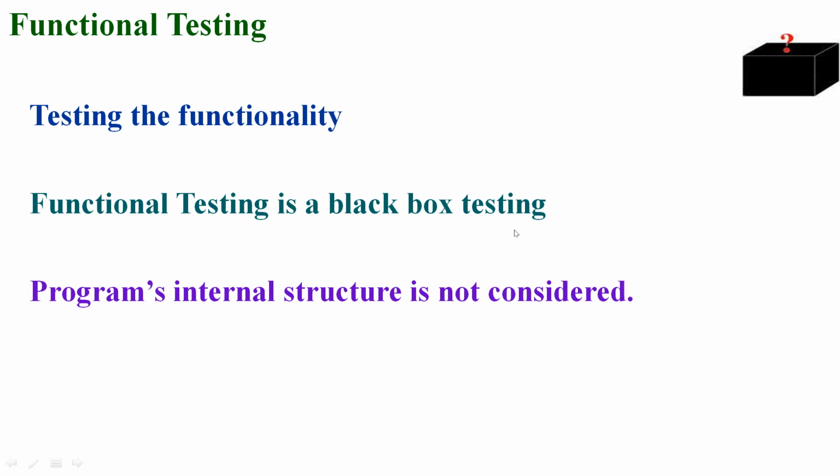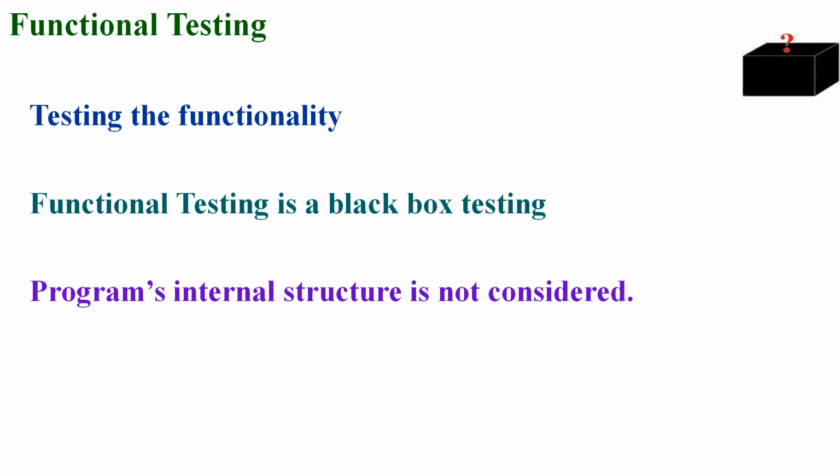Why is it called black box testing? Because during system testing, that means during functional testing as well as non-functional testing, software test engineers will not bother about, or consider, the program's internal structure, that is the code.